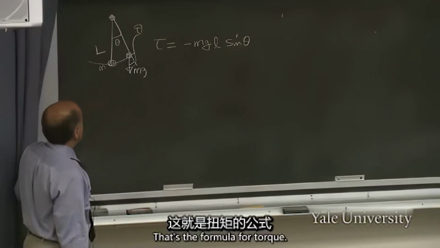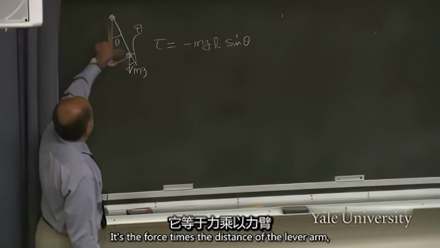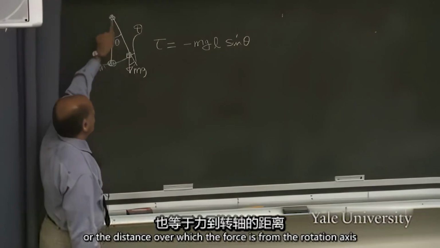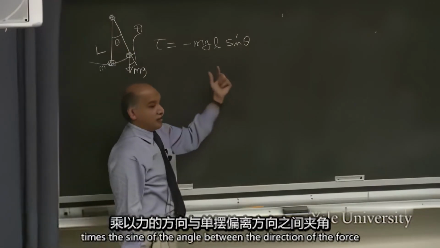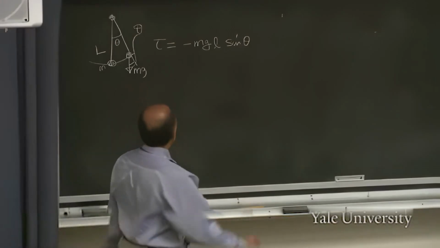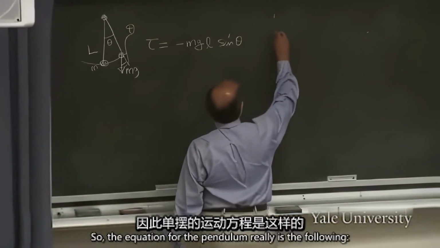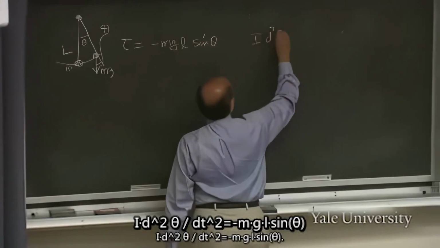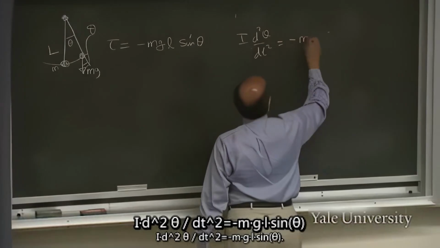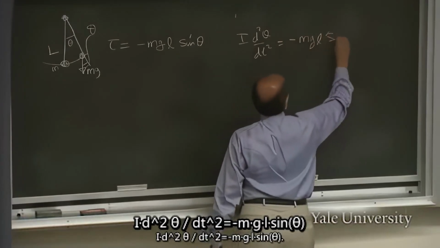That's the formula for torque. It's the force times the distance of the lever arm, or the distance over which the force is from the rotation axis, times the sine of the angle between the direction of the force and the direction of the separation. So the equation of motion for the pendulum really is the following. I d2 theta over dt squared is equal to minus mgL sine theta.